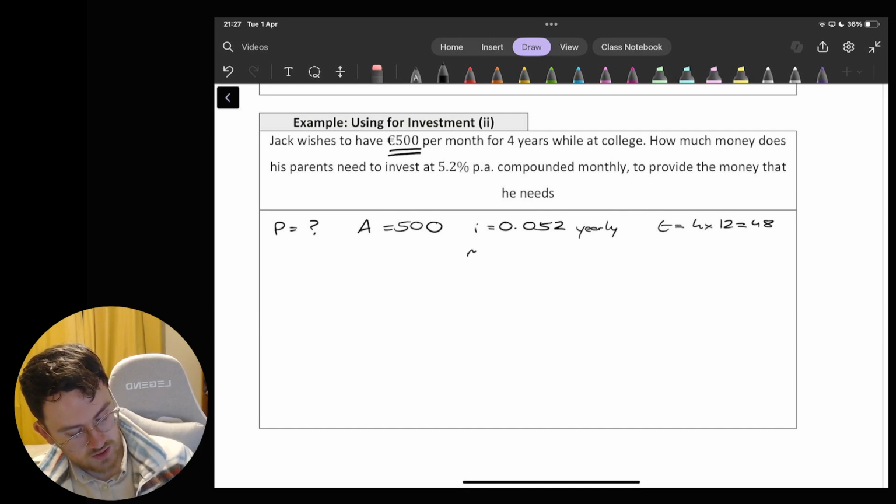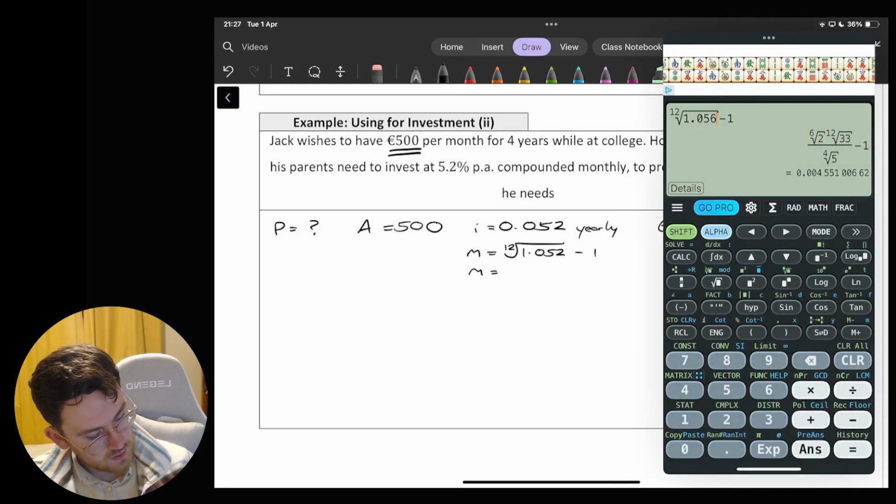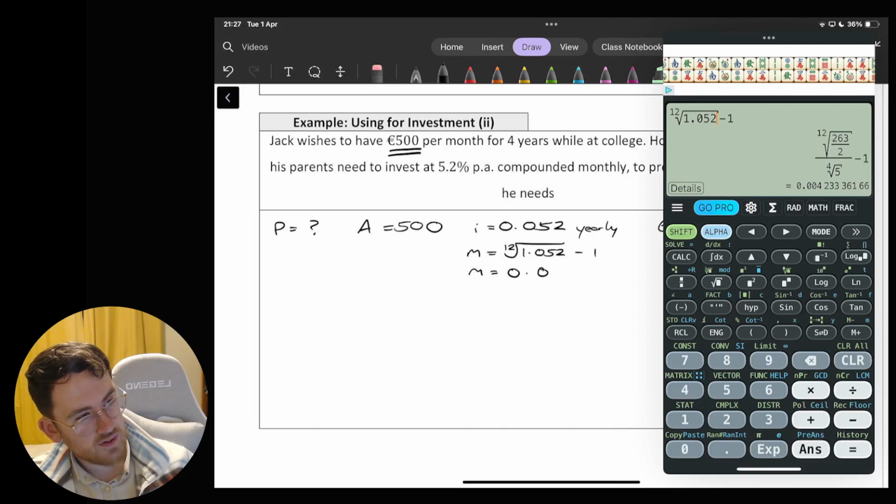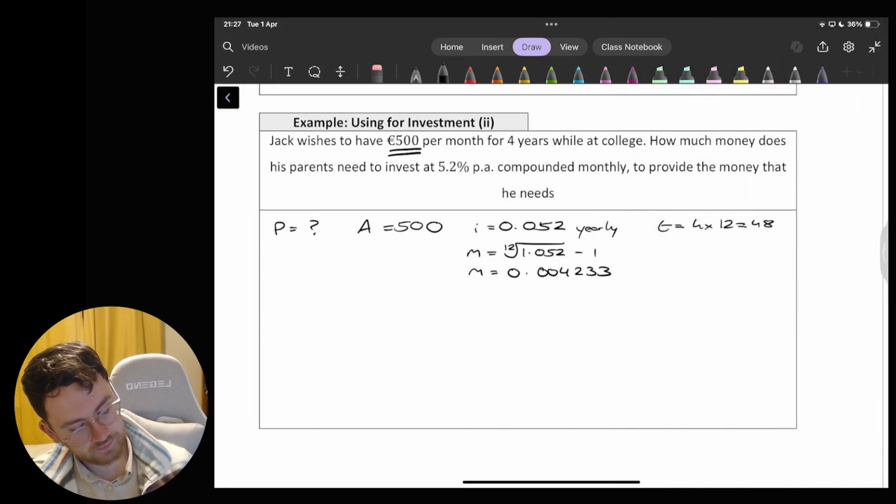Let's focus on the interest rate here. I'm just going to jump a little bit to what we've been working at. So that's 1.052 to the power of 1 over 12 minus 1, which gives me a monthly interest rate of 0.004233 overall. So let's fill everything in here.